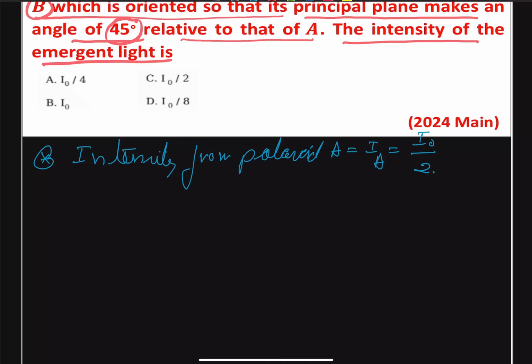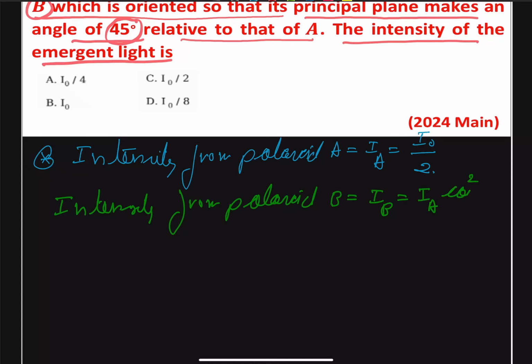Therefore we can write that intensity from polaroid B, let us suppose that is given as IB, which will be equal to IA, and we have cos square of 45, the angle between the two.